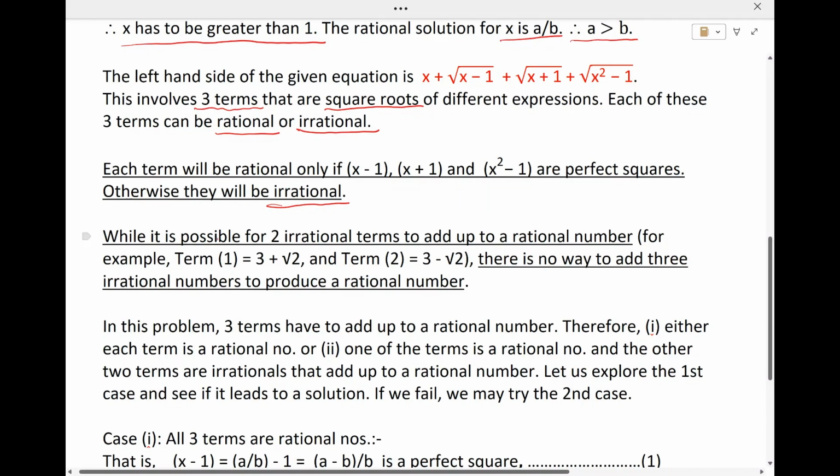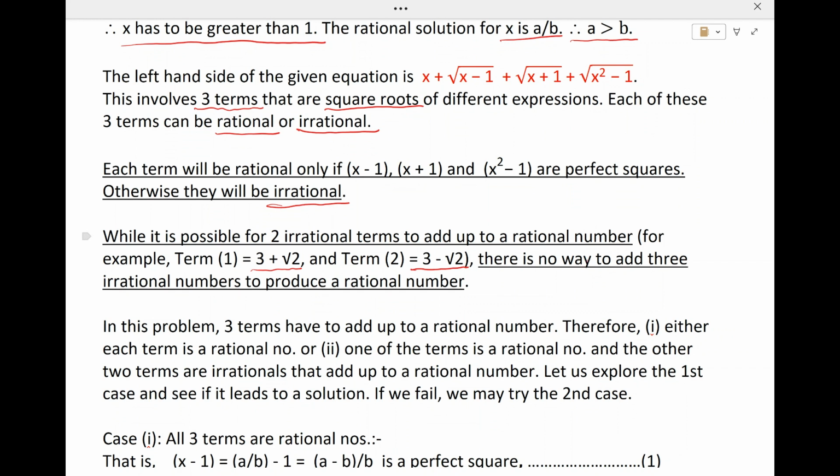While it is possible for two irrational terms to add up to a rational number, for example, if one term is 3 plus root 2 and another term is 3 minus root 2, then when you add these two terms, it becomes 6, which is a rational number.